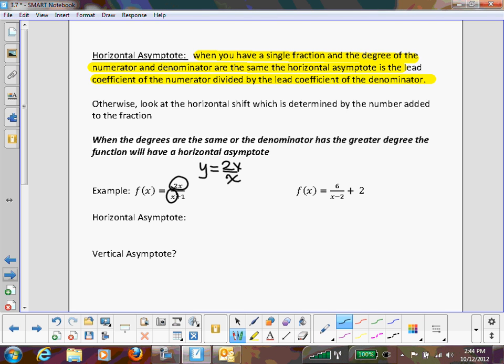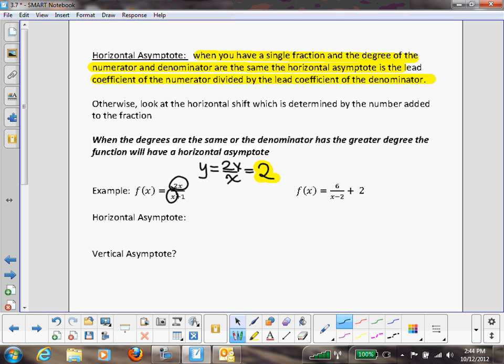We're just wanting to really look at the coefficients because aren't the x's going to drop out? X over x drops out, right? So that means our horizontal asymptote is at y equals 2, because it's 2 over 1, which is 2.